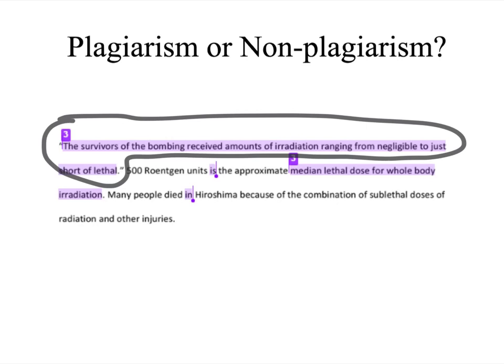But if we look here, we do not see an in-text citation giving credit to the author. So while this is not plagiarized per se, it is lacking a citation, which is also a major error that cannot be ignored. Therefore, to correct this part, you would need to provide an in-text citation and then additionally provide the source in the reference page.